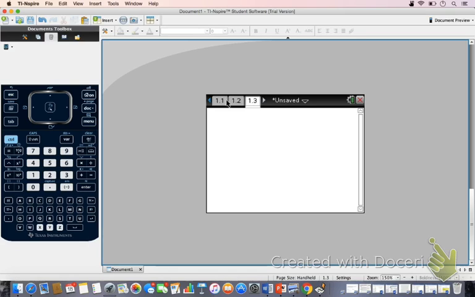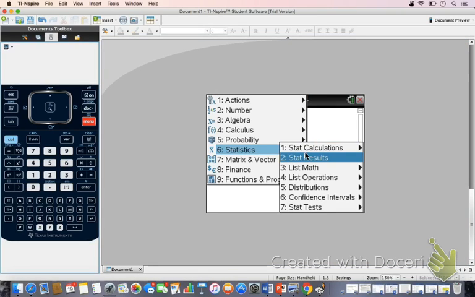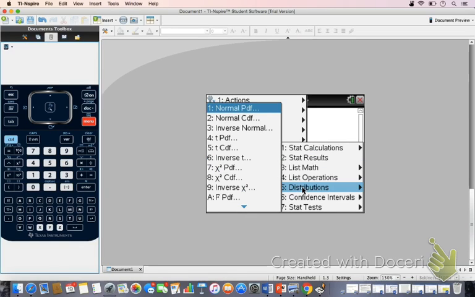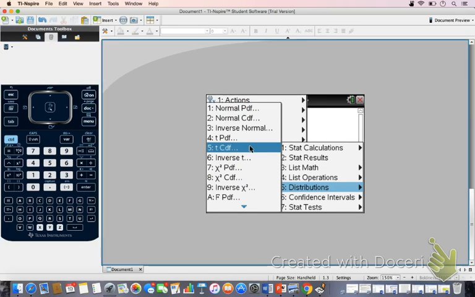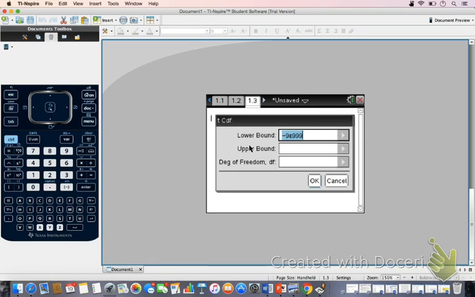Using our TI-Nspire calculator and a normal calculator page, we're going to click on Menu, go down to Statistics, and pick up the Distributions tab. On the Distributions tab, you'll see your t-CDF. We're going to enter the data when we select t-CDF. In this case, our lower bound is 1.6, our upper bound is an infinitely large number, and our degrees of freedom were 19.